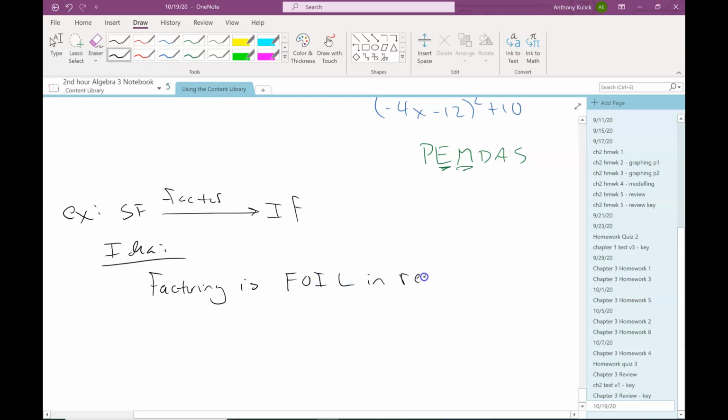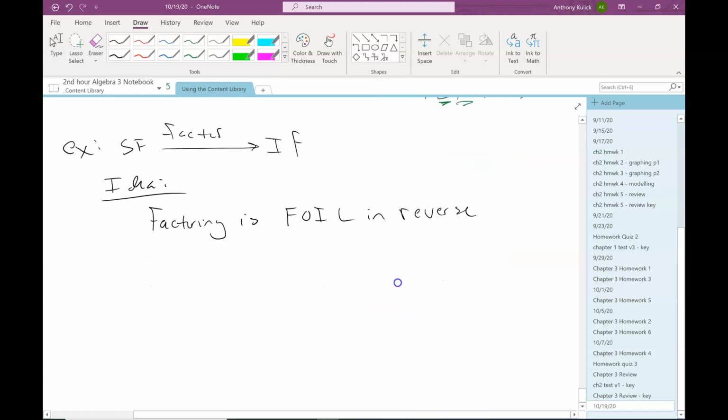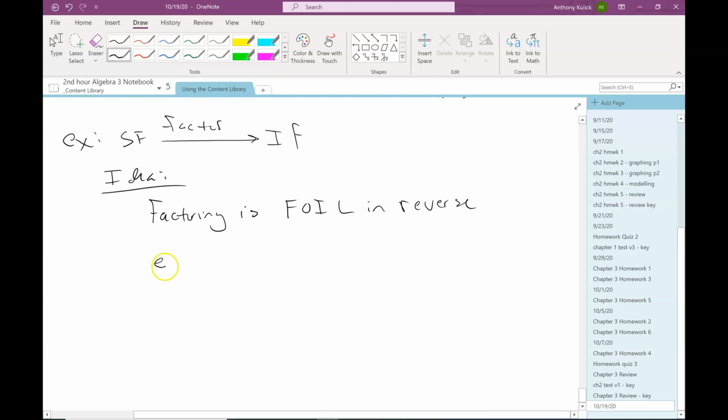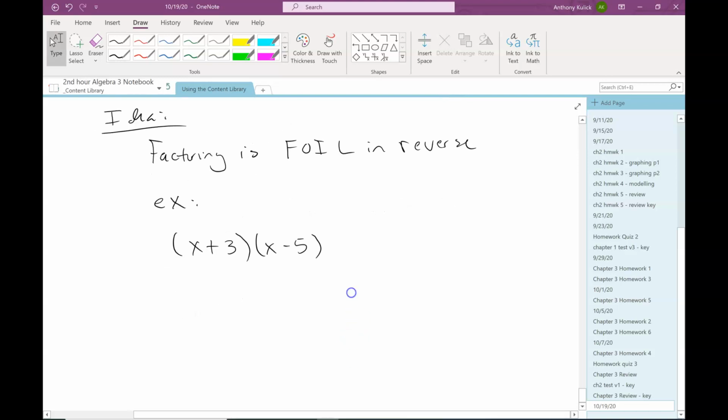So for example, let's say we have x plus 3 times x minus 5. If I FOIL that out, I'd have x squared minus 5x plus 3x minus 15. And if I combine like terms, that's x squared minus 2x minus 15.